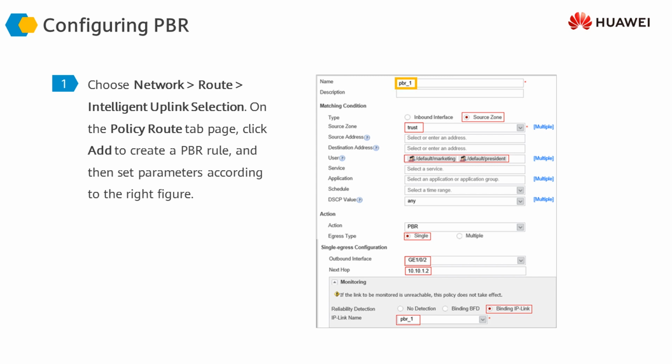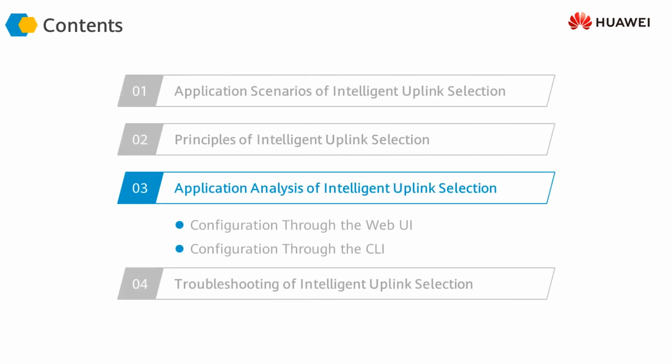We define PBR1: we define the source zone, which is the trust zone, then the two user groups, and then the outgoing interface and the next hop, and link the PBR with this. So this is how we configure policy based routing using the command line and the graphical user interface.